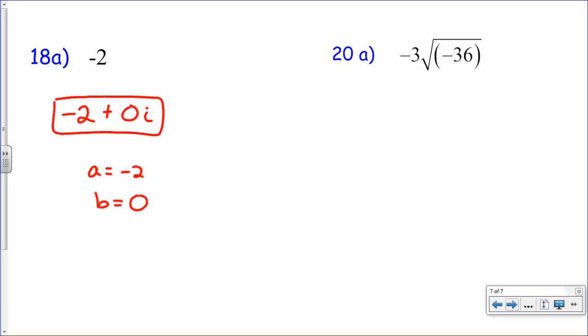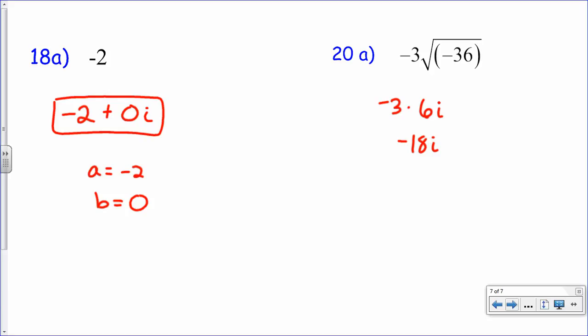Let's look at this next one. So negative 3 times the square root of negative 36, 6i, so negative 18i. So we have just an imaginary number, but you can write that as a complex number.